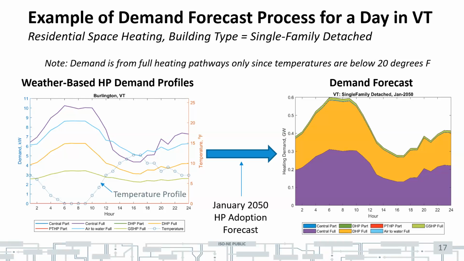On this day, all hourly temps in Vermont were below 20 degrees. That means none of the partial heating pathways were being utilized at all. Zero demand from all the partial heating applications.